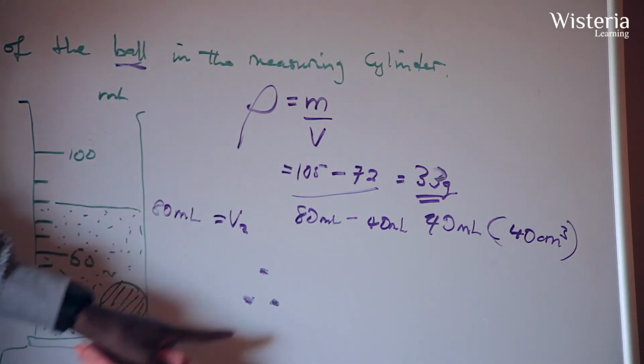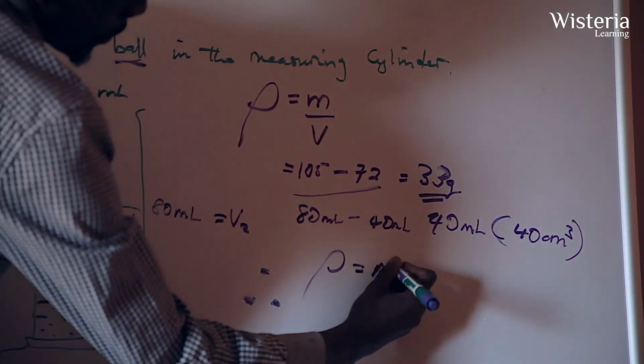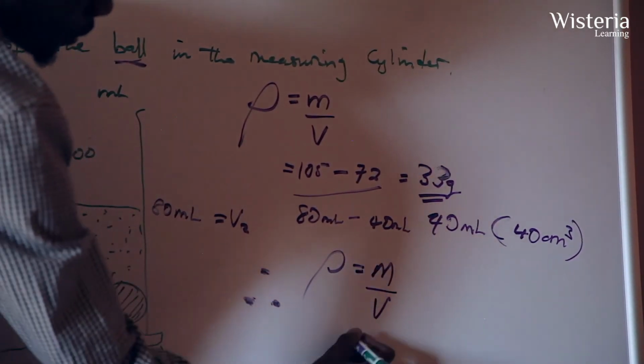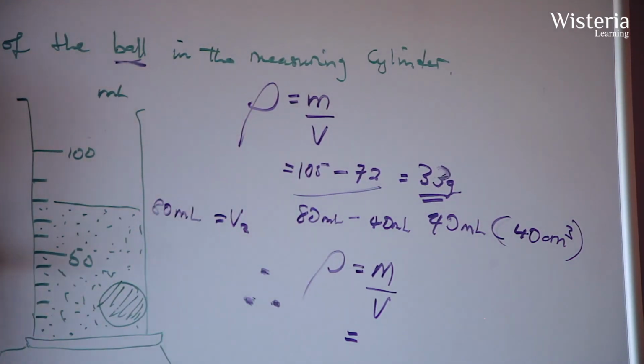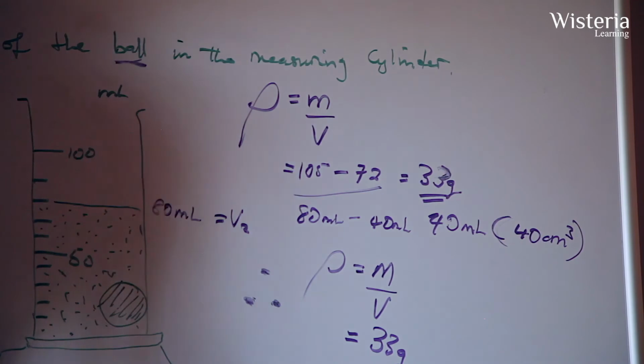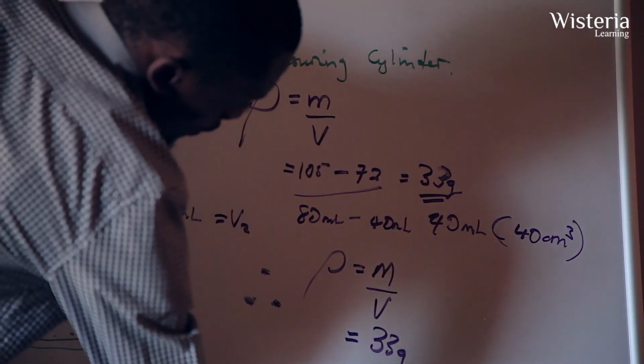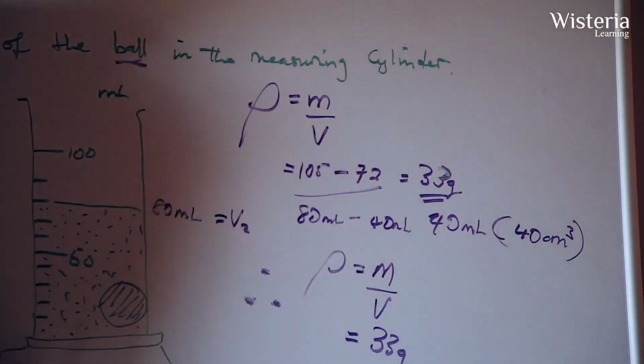Then we can put our formula for density, where we say density is equal to mass over volume. The mass of the ball is 33 grams, and the volume of the ball is 40 cubic centimeters.